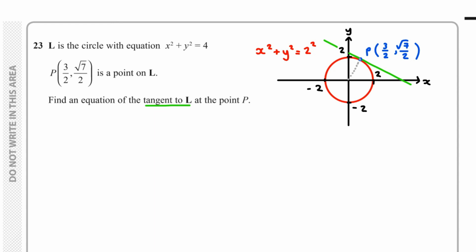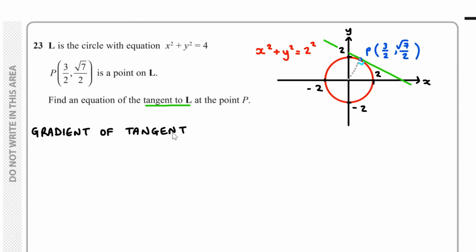So because it's perpendicular, here we've got 90 degrees. So if we find out the gradient of the radius, we can use that to find out the gradient of the tangent, and then from that, because we know the point P over here, we can find the equation of the tangent.